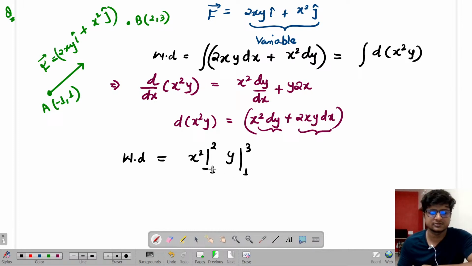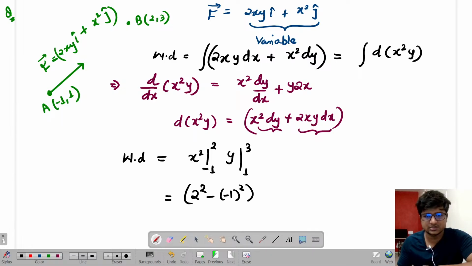Simple ideas are there. So what I'm going to write? This will be 2 square minus of -1 square, multiplied by y, which is 3 minus 1. So basically, this is how much? 4 minus 1, 3 into 2, 6 joules is the answer.